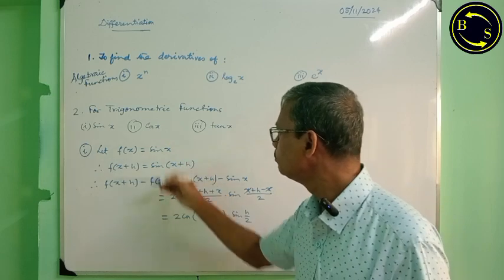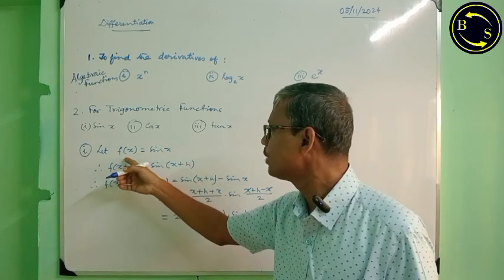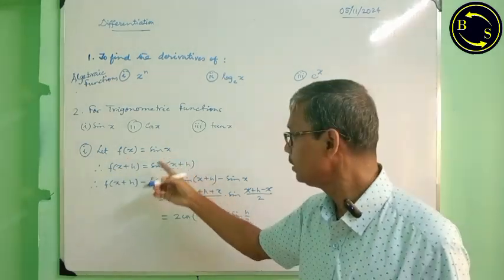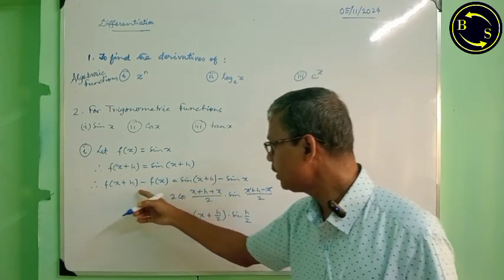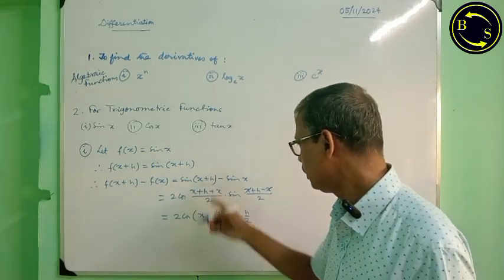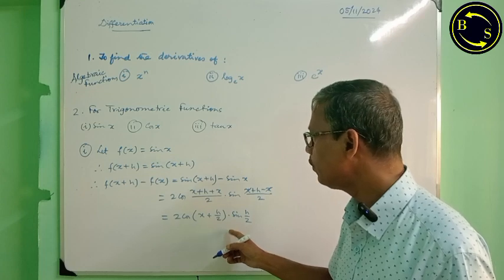Follow the mechanical way. First take f(x) equal to the given function, then f of x plus h, sin of x plus h, then calculate this part and get this simplified form.